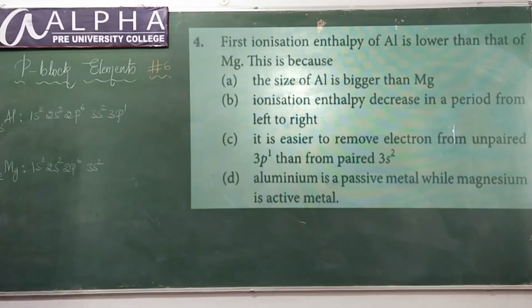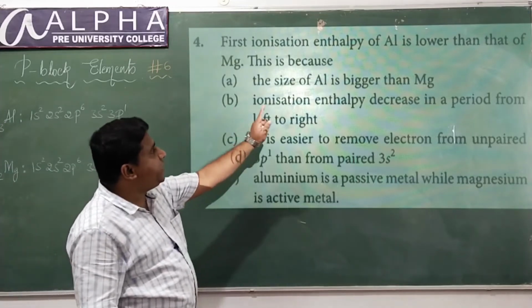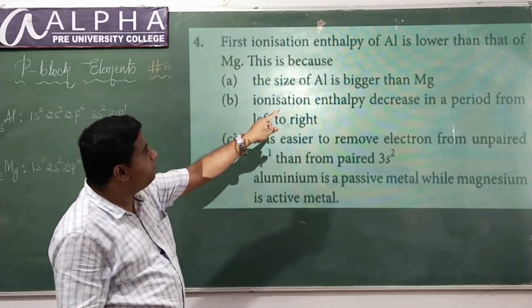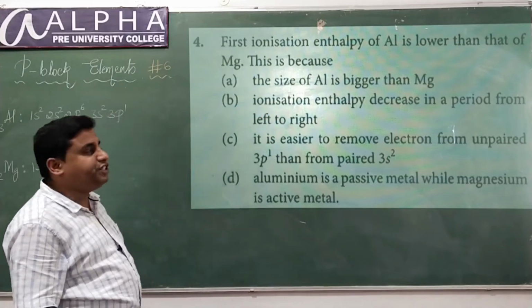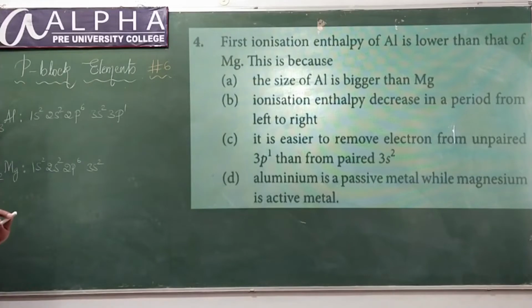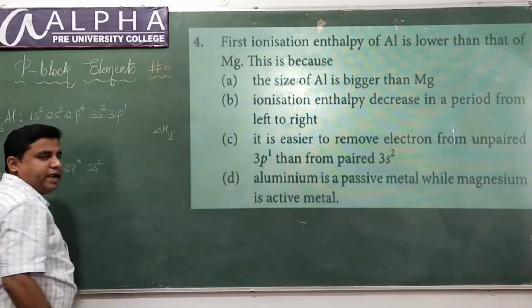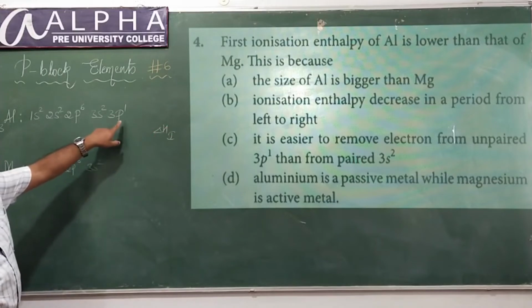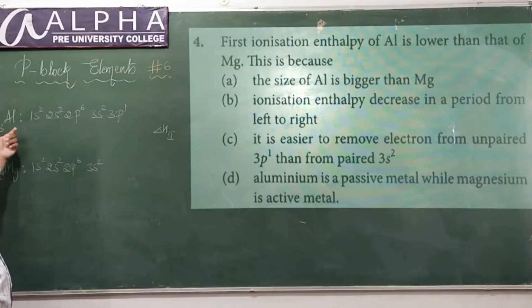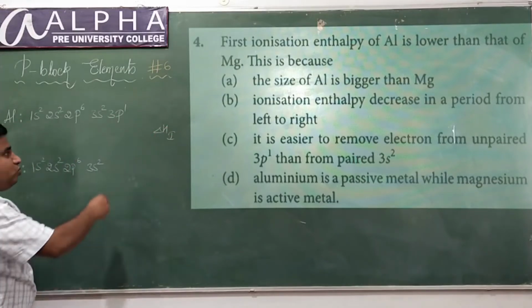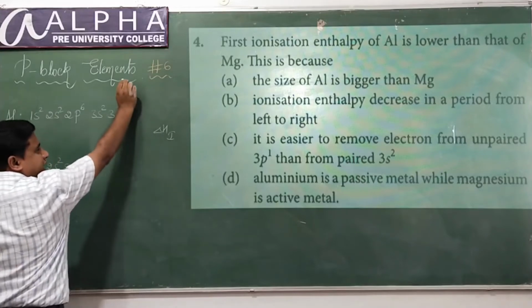Now, the question says the first ionization enthalpy of aluminium is lower than that of magnesium. First ionization enthalpy is obtained when I remove the first, the last electron. So from aluminium I have to remove the last electron. Which is that last electron? 3p.